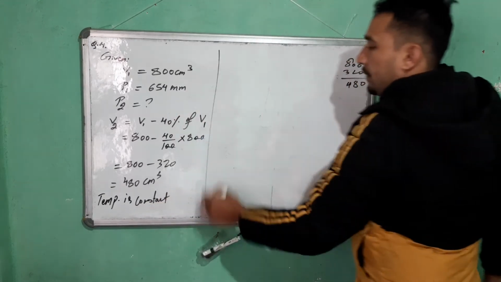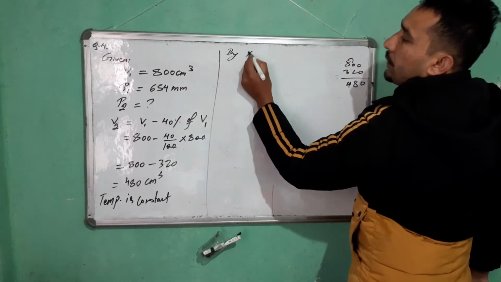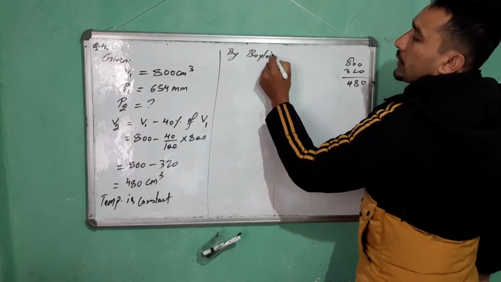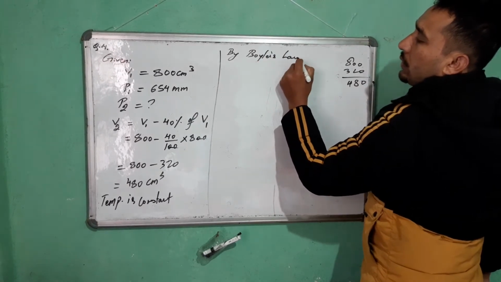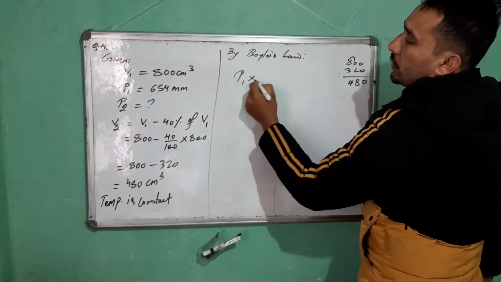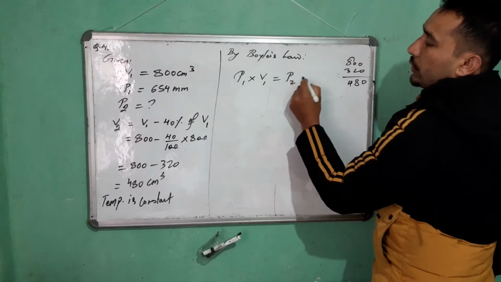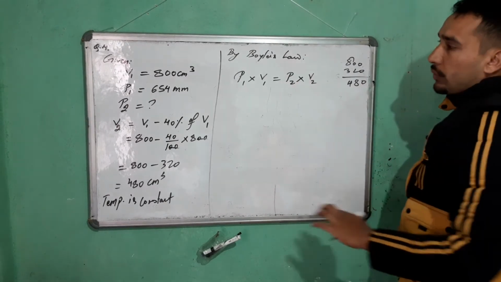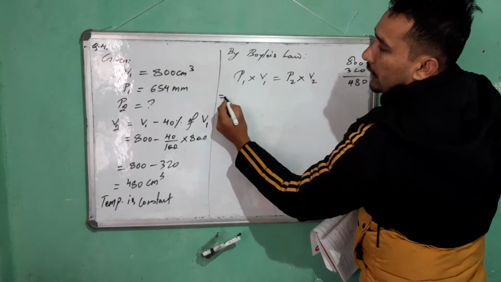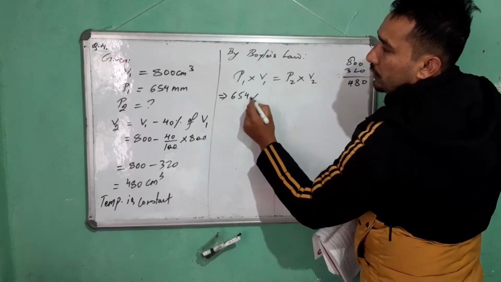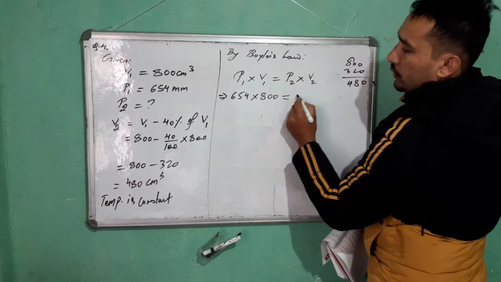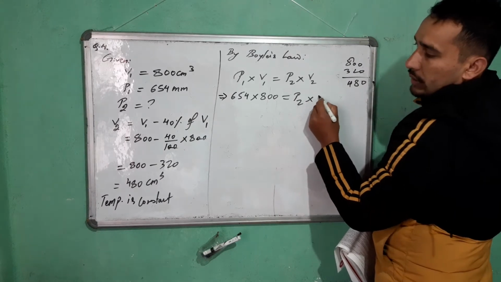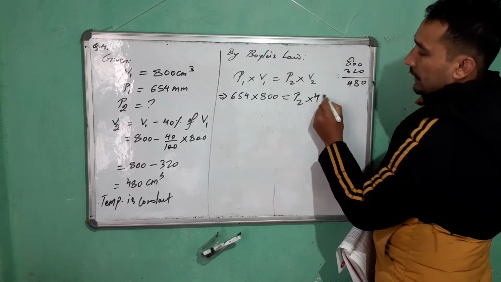So use Boyle's law, P1 into V1 is equal to P2 into V2. Put the value of P1, 654, into V1, 800, equals P2 into V2, which is 480.